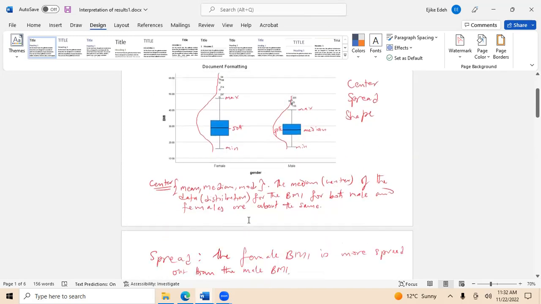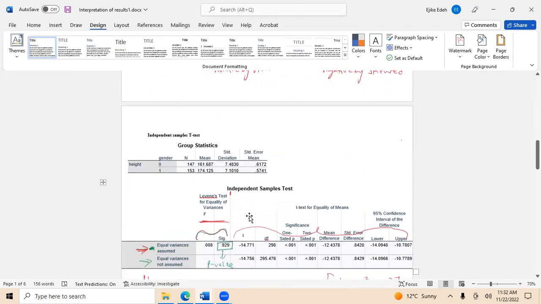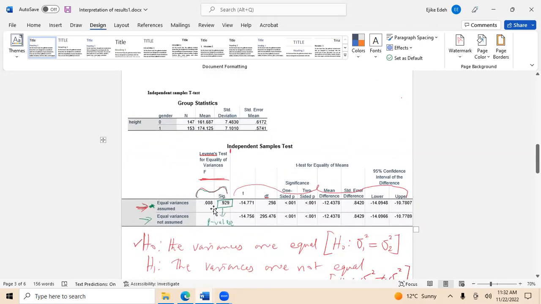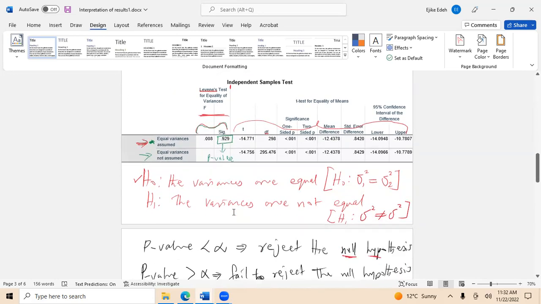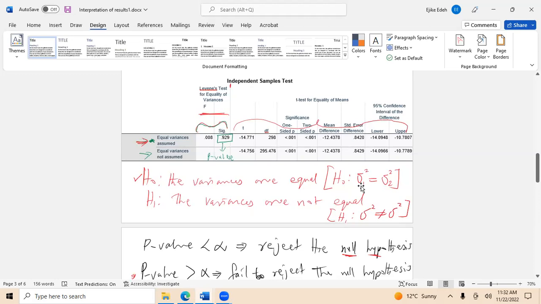So because this is subjective, you have the Levene's test to tell you whether those two variances are actually equal, right? So if you fail to reject in the Levene's test, if the p-value is bigger, then you are saying they are equal, because the Levene's test null is saying they are equal. The alternative for Levene's test is that they are not equal. So if the p-value here is bigger, then you're failing to reject, and if you fail to reject the null, it means you are accepting that null.